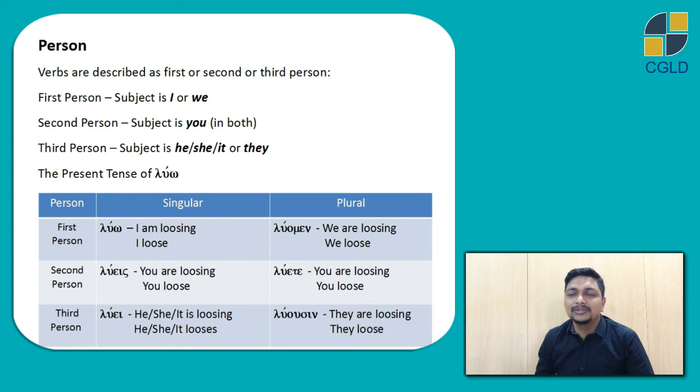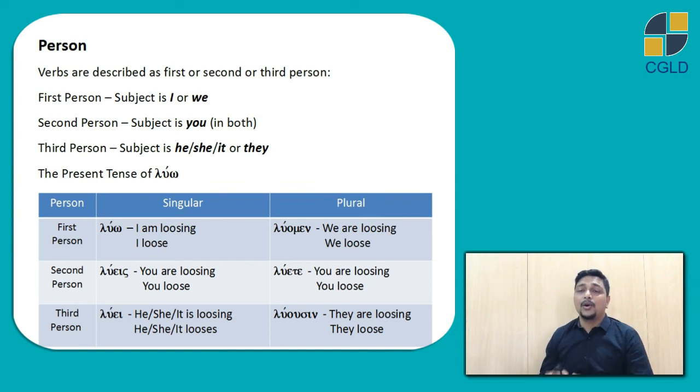I am losing, I lose. We are losing, we lose. You are losing, you lose. He, she, it is losing, or he, she, it loses, or they are losing, they lose. That's the present tense luo verb table.